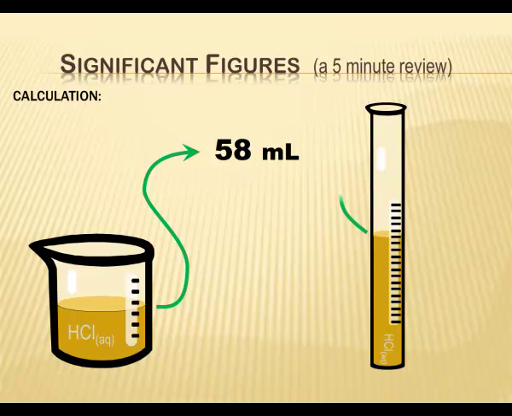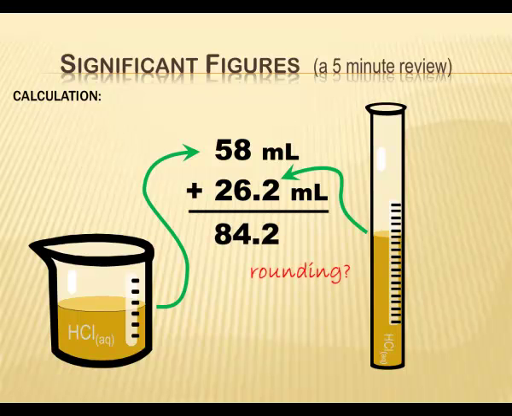For the graduated cylinder on the right, we measure 26.2 milliliters. Add those two numbers together to get 84.2, and now deal with rounding. For addition and subtraction, keep the decimal places of the least of the data. In other words, it's 84 milliliters since 58 has no decimal places and 26.2 has 1.